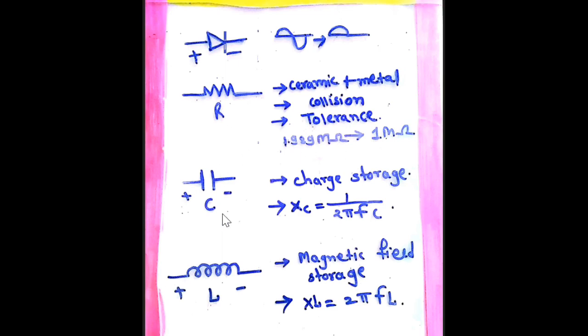Coming to the capacitor. Capacitor is used to store the charge. It consists of two plates, and the separation between the two plates is done using dielectric material.